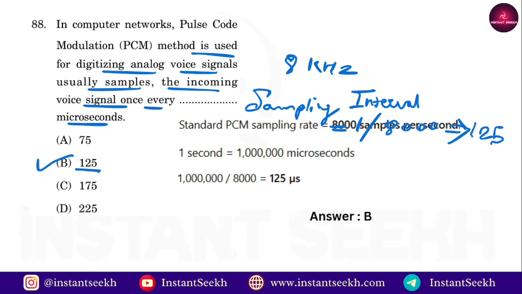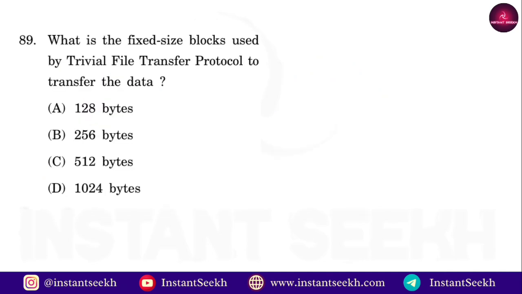Let's move on to the next question. Question number 89. What is the fixed size block used by trivial file transfer protocol to transfer the data? This you should know. What is the fixed block size in TFTP, that is trivial file transfer protocol?